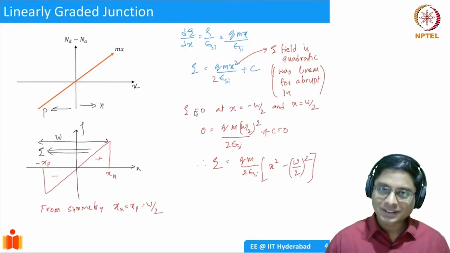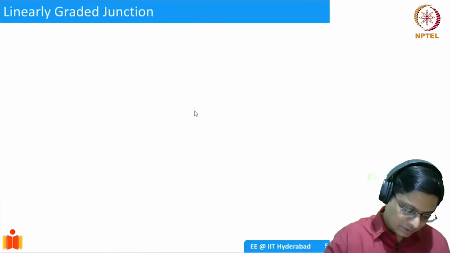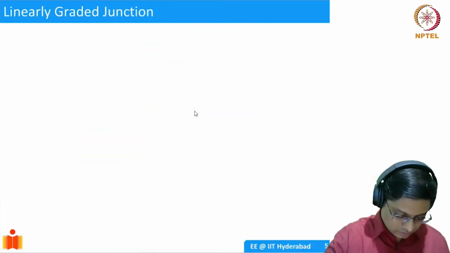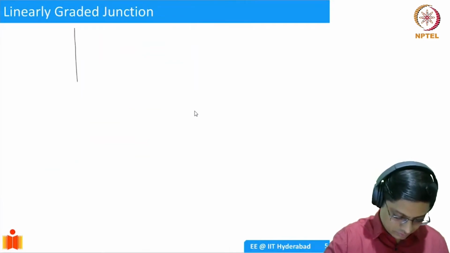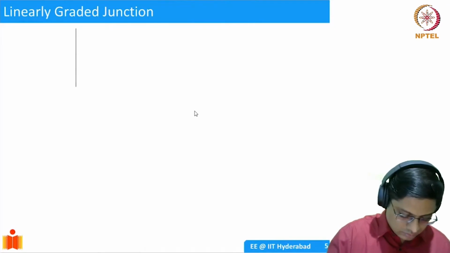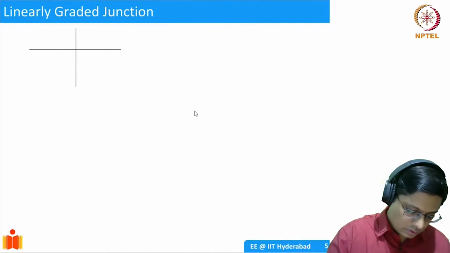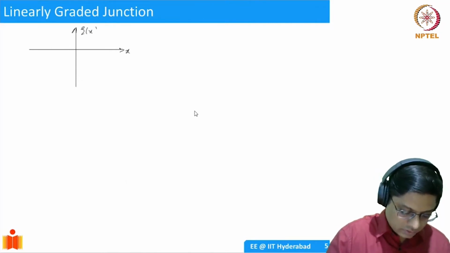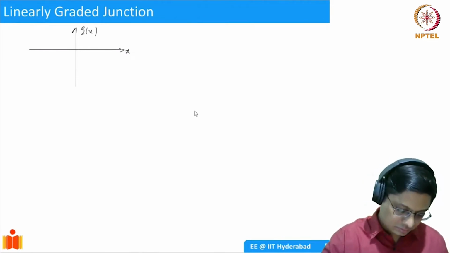So how does it look? We can plot it and check it out. So let me do that. So this is x, this is E of x. And we saw that it was symmetric about x equal to 0.